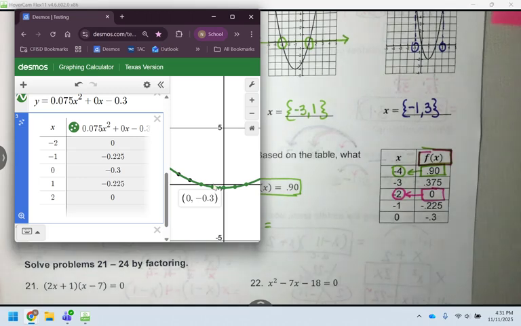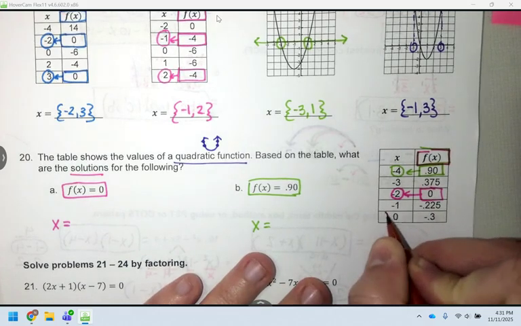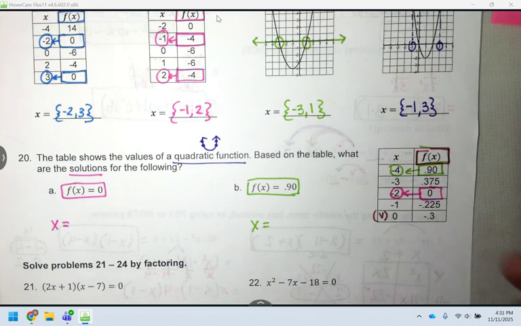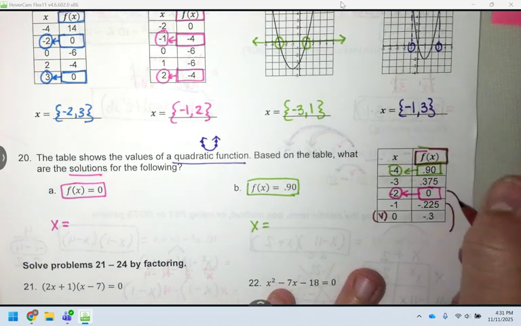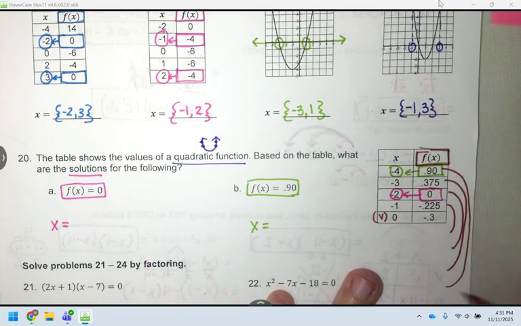Oh, this is my vertex. That's why. Okay, I got it now. 0, negative 3 is my vertex. What color shall I use? This is my vertex, which means it's going to look like that.